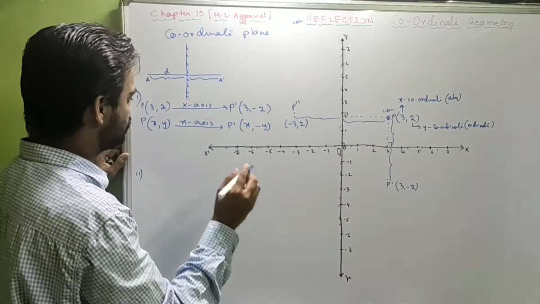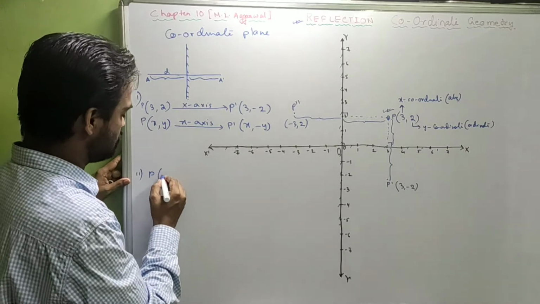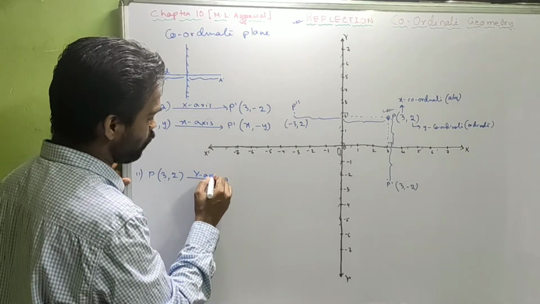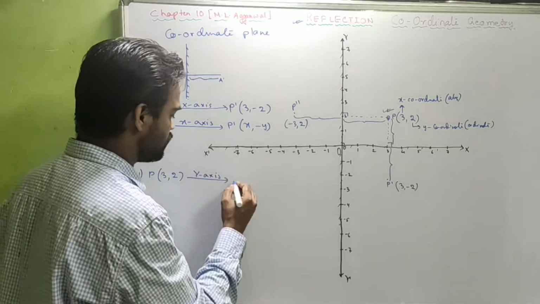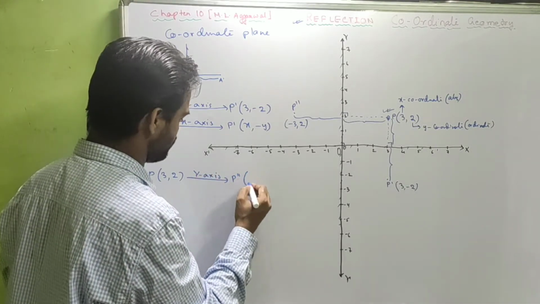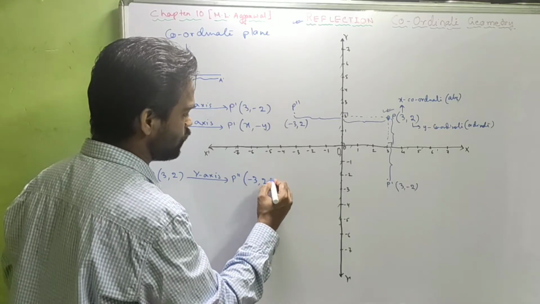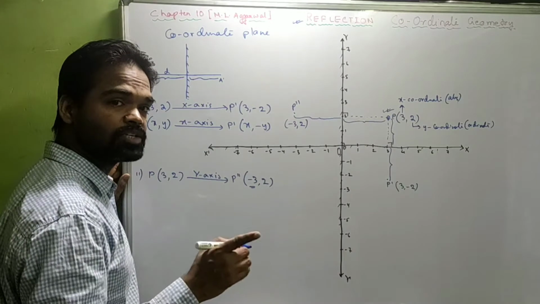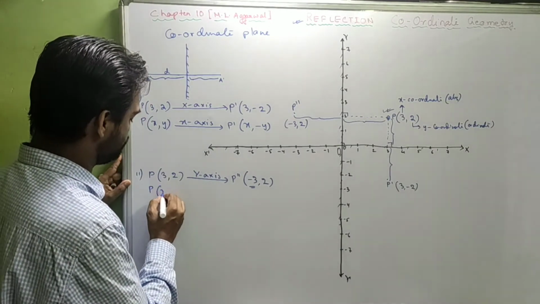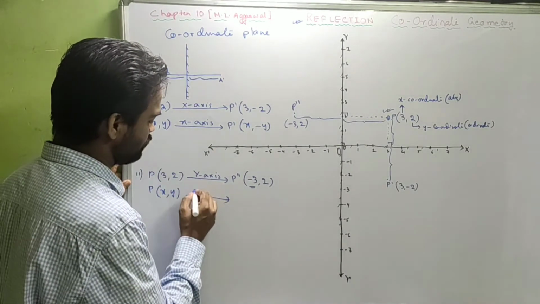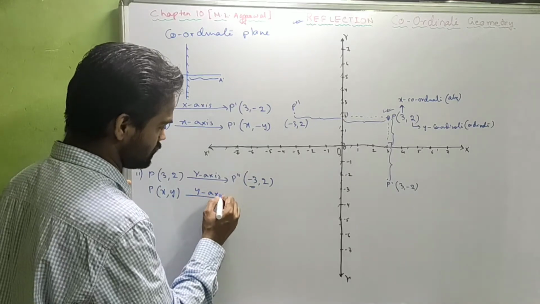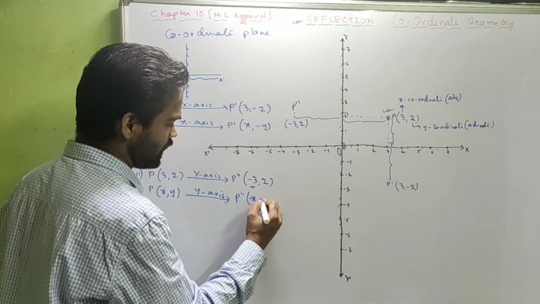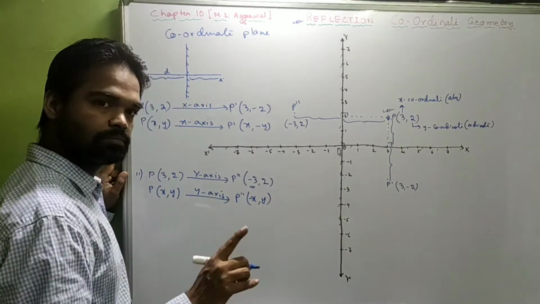If the point P (3, 2) is reflected on the y-axis, then the coordinate of P double dash is (-3, 2), which means the sign of the x coordinate, the abscissa, changes.